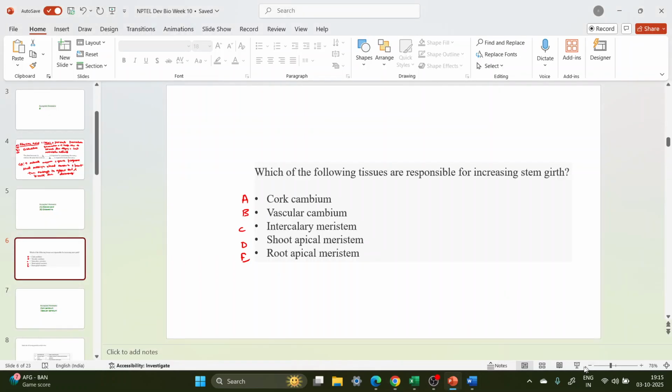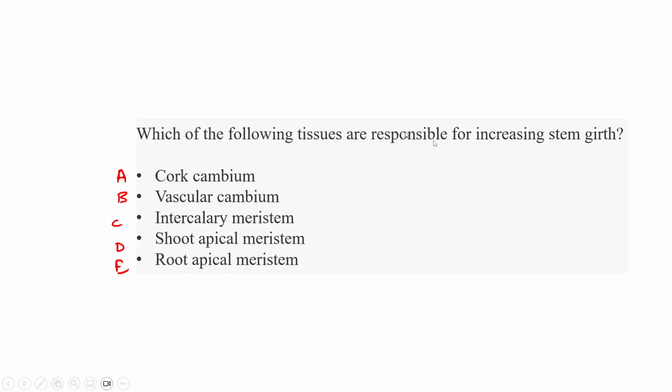Fine. So this is the question. You can have more than one correct answer for this question. Go through all the options. You can answer this question if you know the function of each and every tissue. So we'll discuss it in detail. So try to answer this question. I'll switch the screen.